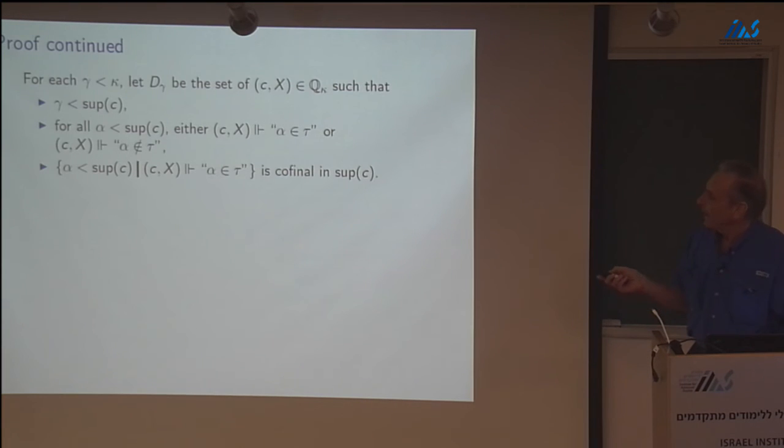So for every gamma less than kappa, we'll let D_gamma be the set of conditions in the fast club forcing so that gamma is less than sup C, or max C if you prefer. Remember, little c's have a top element. For all alpha less than sup C, either this condition forces that alpha is in tau, or it forces that alpha is not.